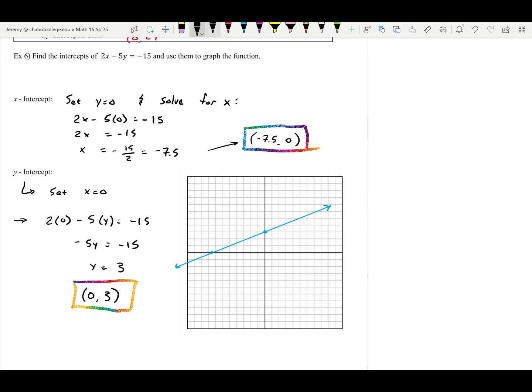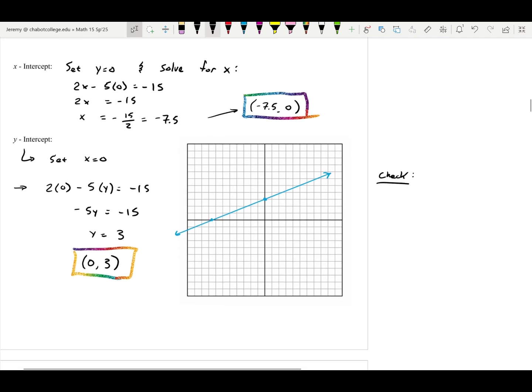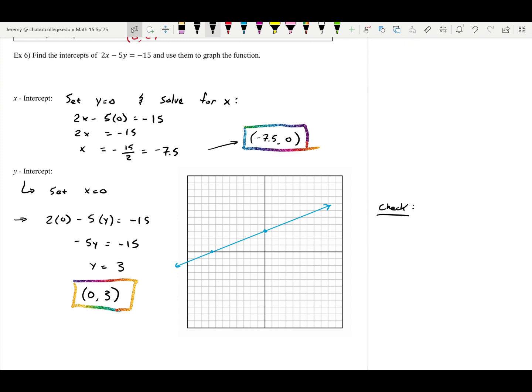One way that you can check your work, and I am an obsessive work checker, which is a good way to be in a math class, is to take my equation, 2x minus 5y equals negative 15, and solve for y to get it into slope-intercept form.